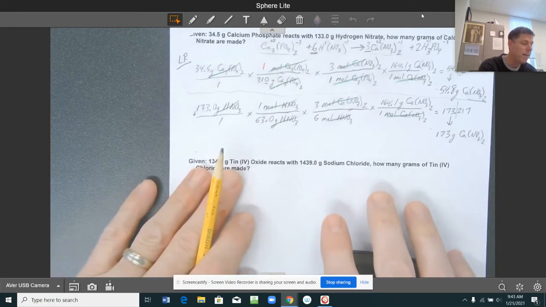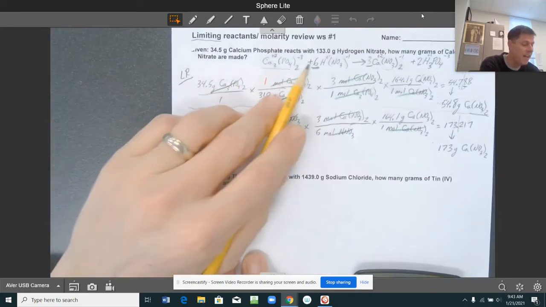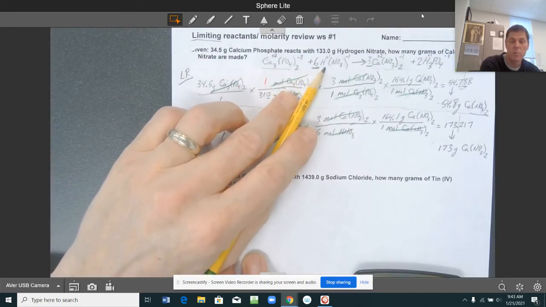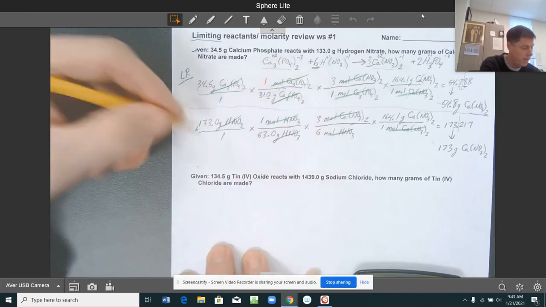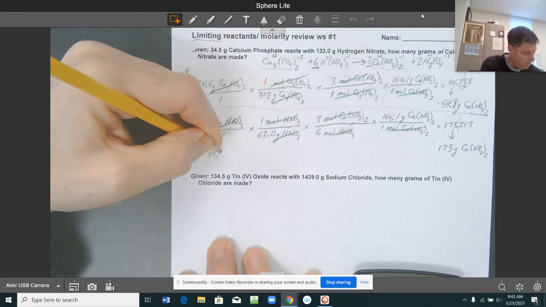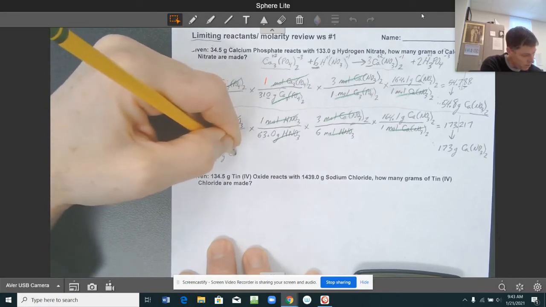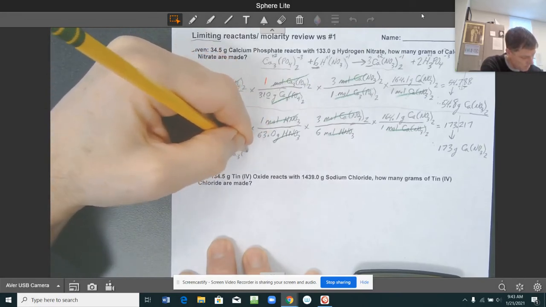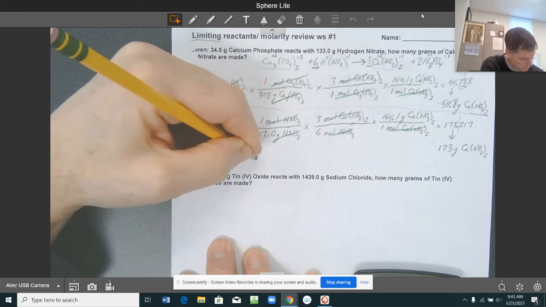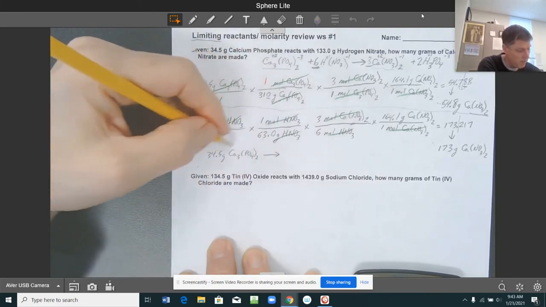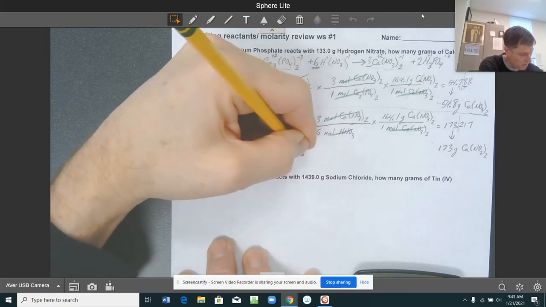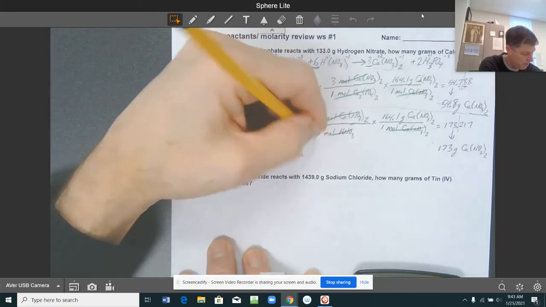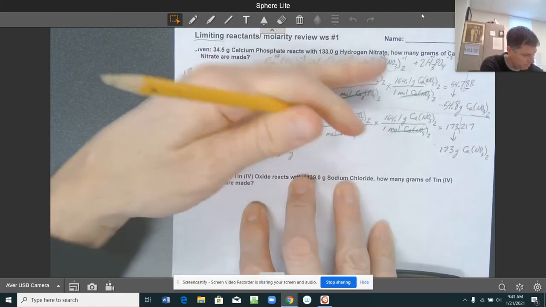If I wanted to find out how much of the excess reactant, this is what this one's called, remains, I start with this value. And I'm not asking for that, but if I did, I could just do this. If I converted that into grams of hydrogen nitrate, I wrote calcium.